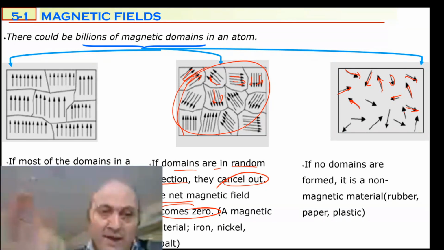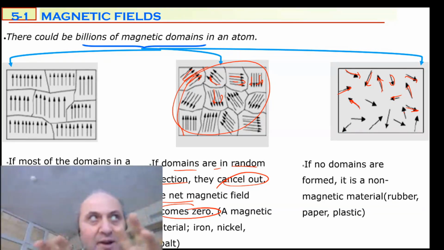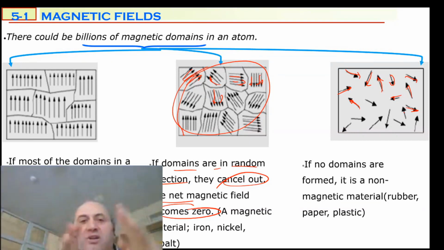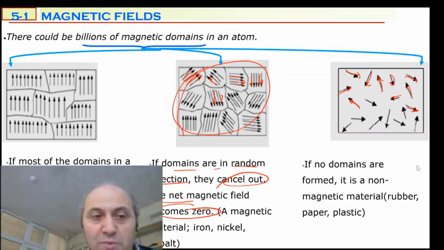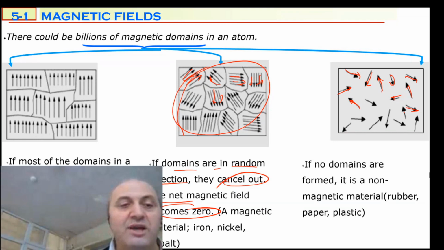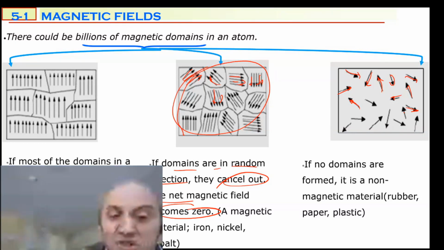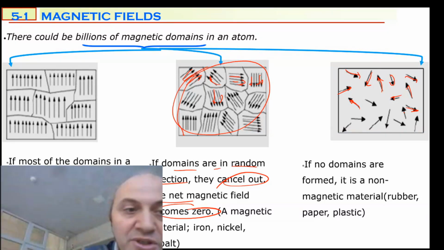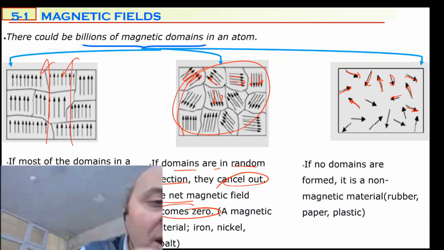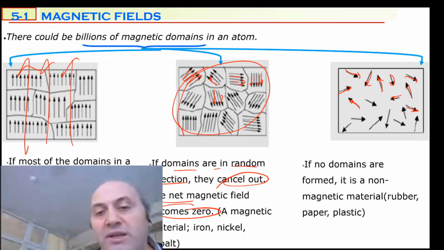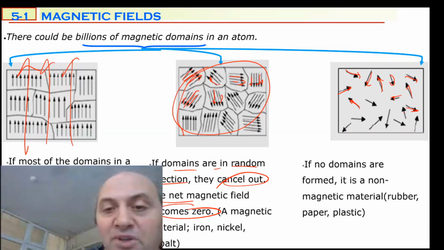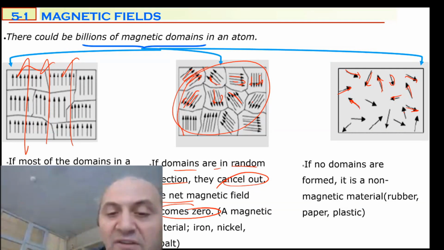So according to the domains, whether an object has them or not, we can classify substances into groups. One of them is if most of the domains are in the same direction, the substance is a natural magnet, because it has a net, resultant magnetic field. The second is if the domains are in random directions, they cancel each other out and the net magnetic field becomes zero.